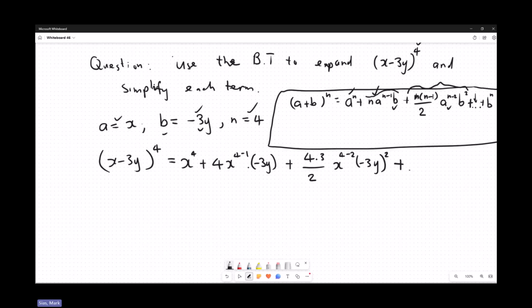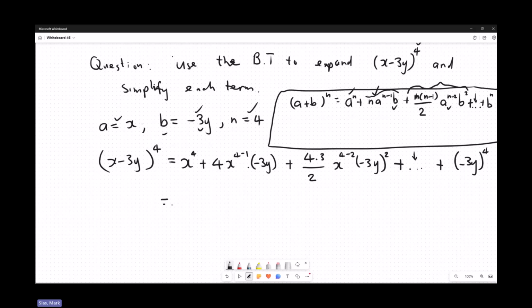Now I want you to fill in the 4th term. The 5th term will be minus 3y, this is my b to the n, the exponent 4. Where that arrow points downward, you need to fill in that term, because in total there should be 5 terms. I will write down 4 terms for you; I haven't solved everything for you.